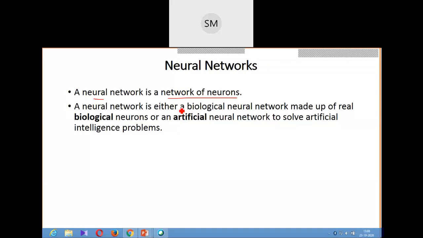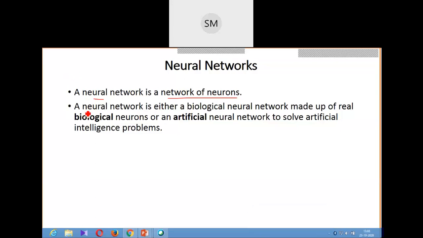Since there are so many nerves in our brain, all interconnected zigzag, similarly here also we are interconnecting all these nodes, or you can also call them units, with some edges. Since it looks exactly like our nervous system, they named it a neural network.